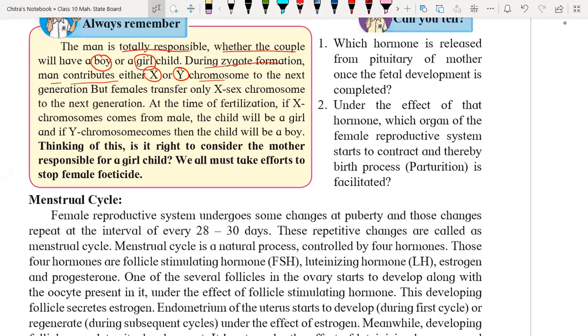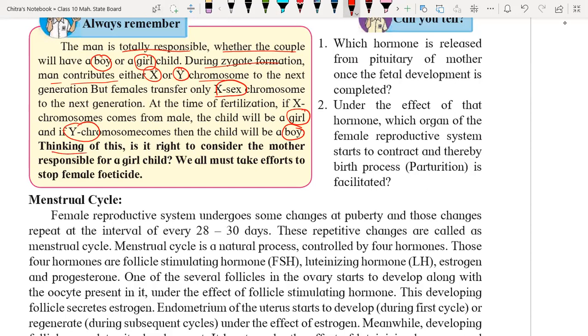So when the male contributes the X sex chromosome, then the baby will be a girl. Or if he contributes the Y chromosome, then the baby will be a boy. Is it or not? So for having a baby girl or boy, only the male parent is responsible.